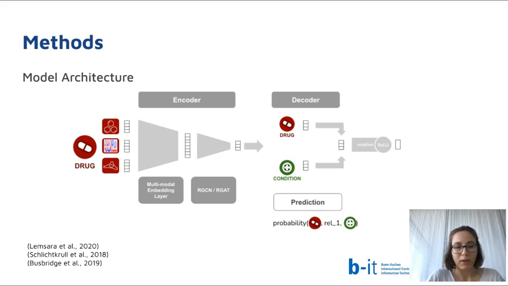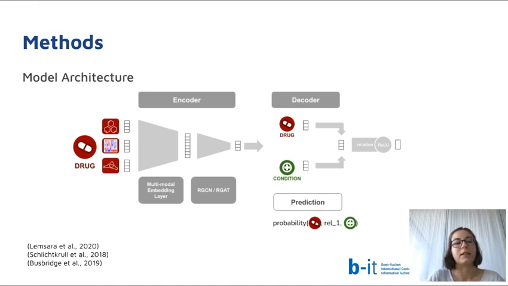We continue by using either a relational graph convolutional neural network or a relational graph attention network, where we basically generate a hidden representation of each node in the graph. This is done for all of the nodes in the graph.